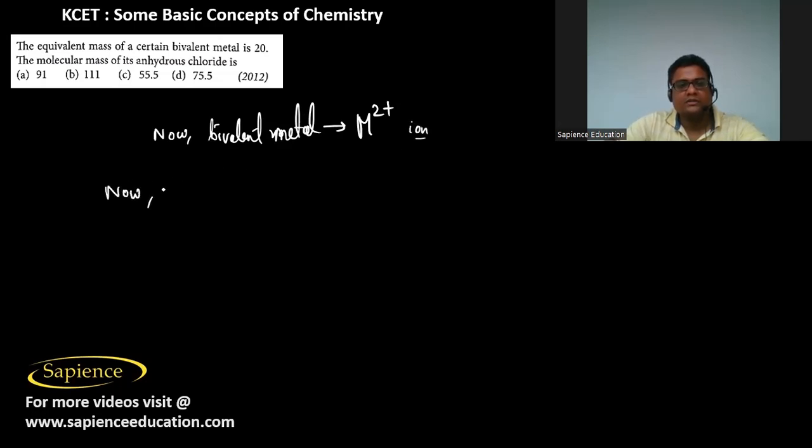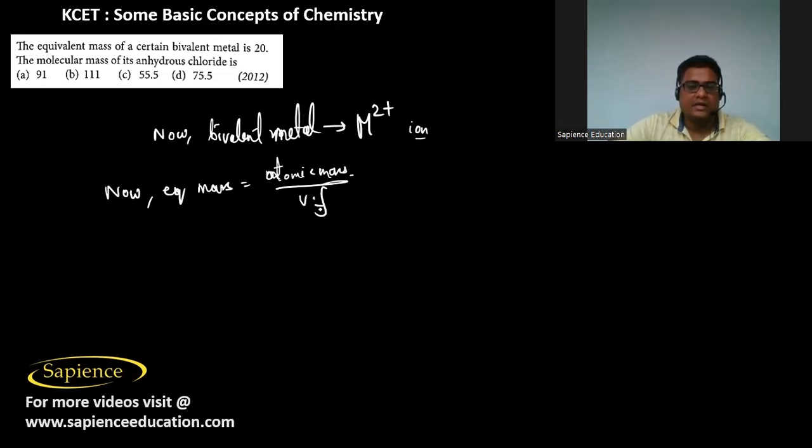Now the equivalent mass, as we know, is given as the atomic mass divided by the valency factor, or the n factor.